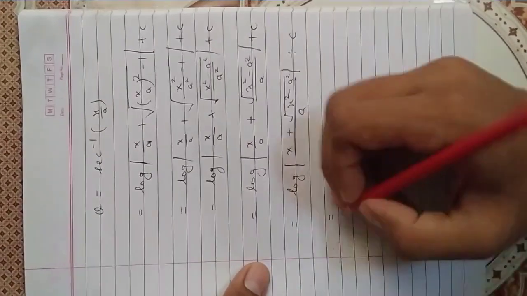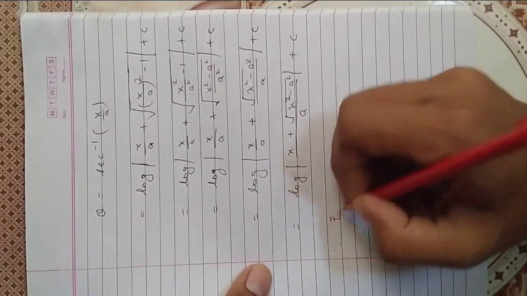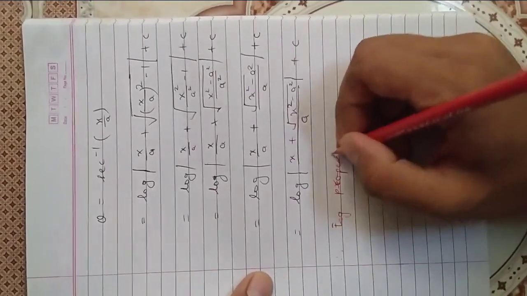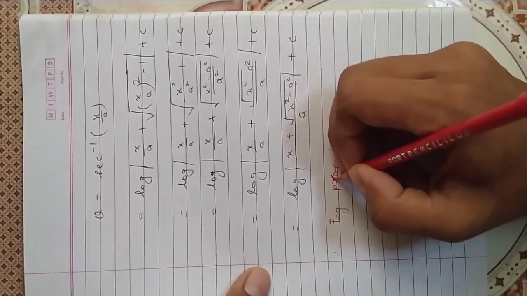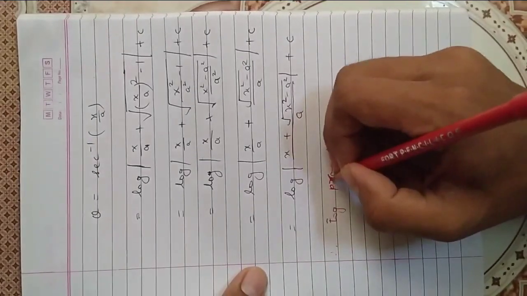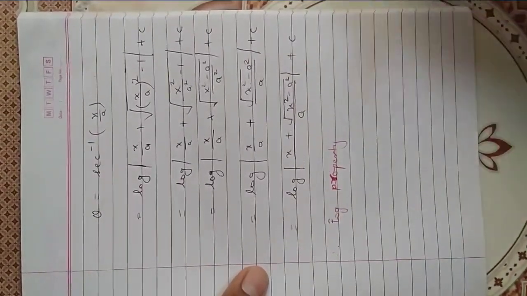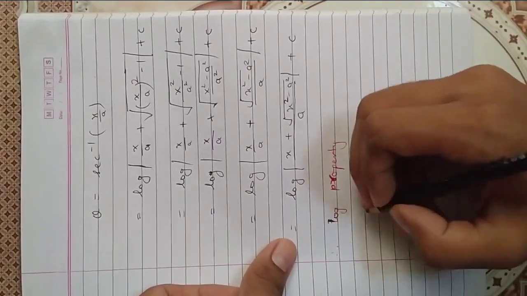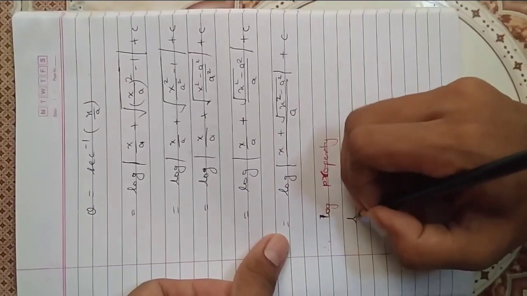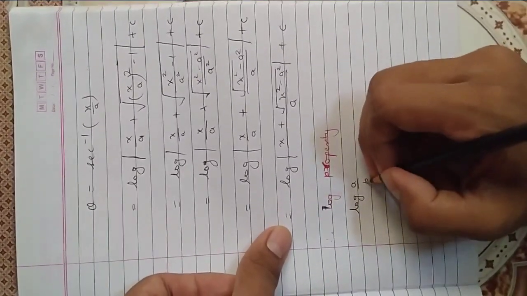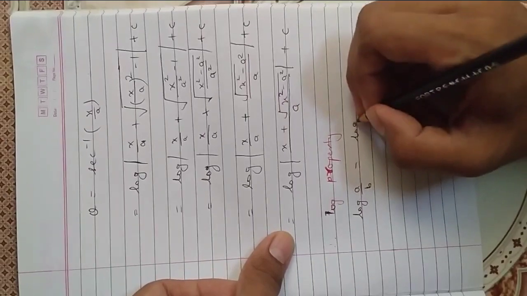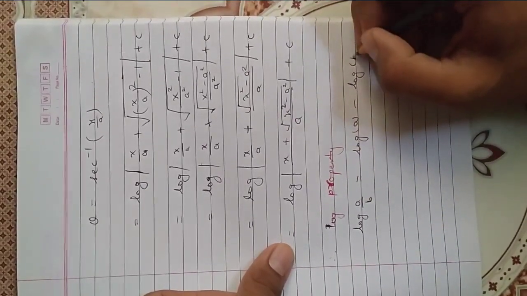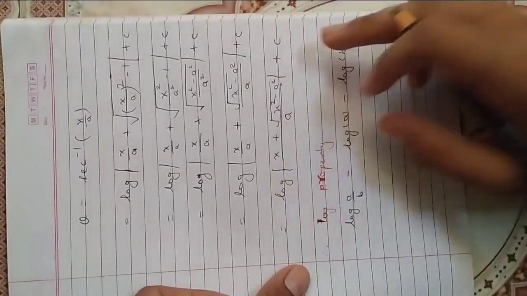So here I am going to use the log property. What does it say? Log of a upon b, we can write like this, log of a minus log of b. So we can also write like this.